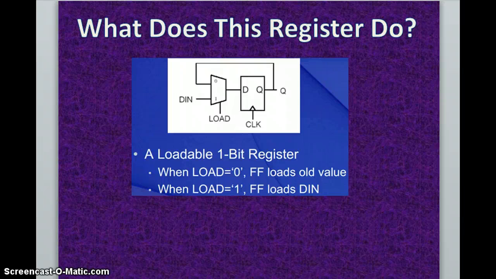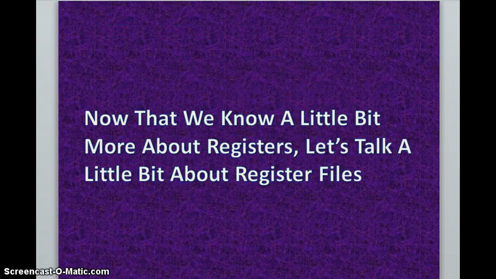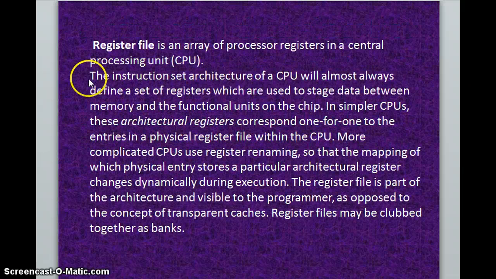Now, once again, registers aren't the most complicated thing in the world. But they can get pretty complicated when you reach the capacity of a register file. So let's talk a little bit about that. A register file is an array, or basically kind of a string of registers together in one unit.